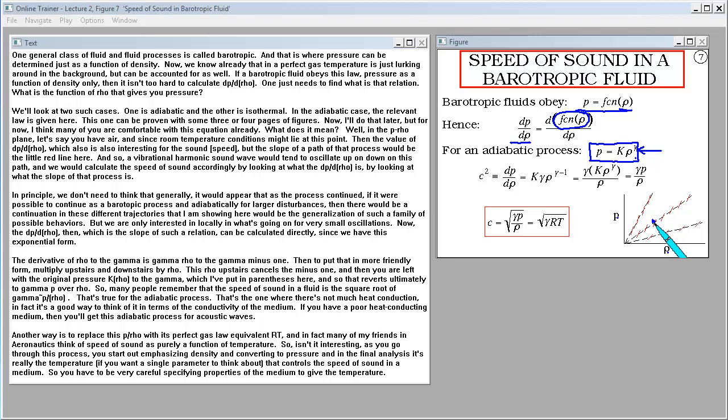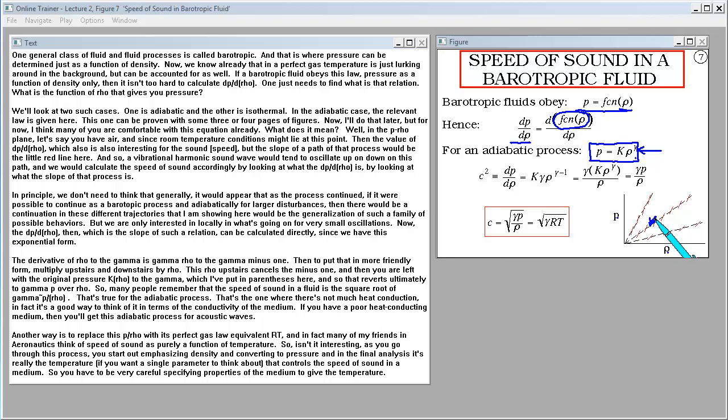Then the value of dp d rho, which also is interesting for the sound, is the slope of a path of that process, which would be the little red line here. And so a vibrational harmonic sound wave would tend to oscillate up and down on this path. And we would calculate the speed of sound accordingly by looking at what the dp d rho is, what the slope of that process is.